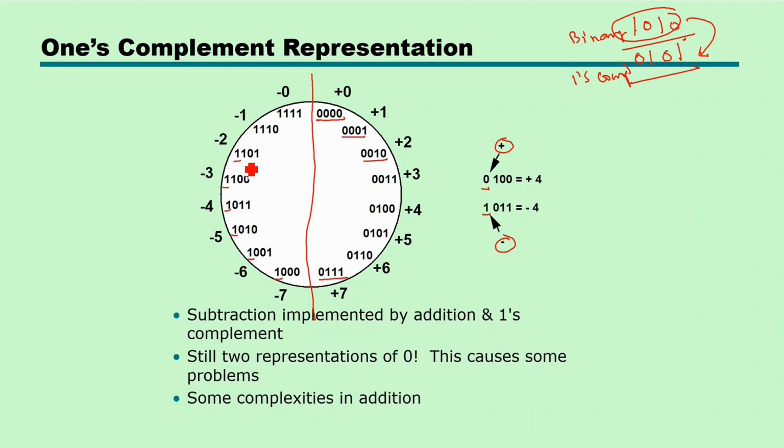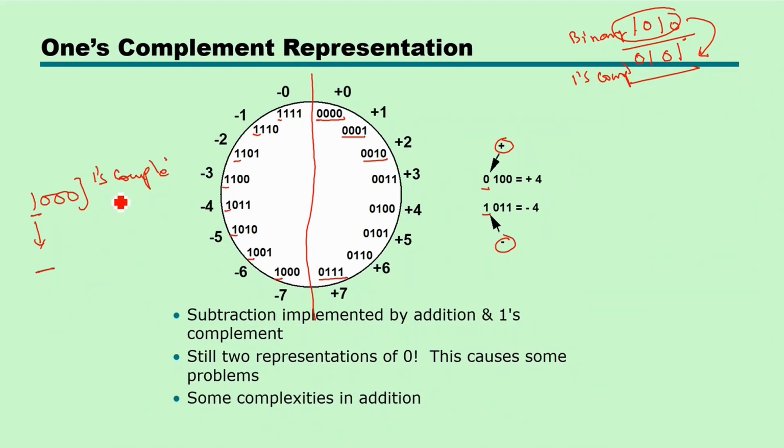If it is a negative number, then we need to find out its magnitude, like in decimal. So first of all, it is 1 0 0 0. This indicates a negative number. That means it is surely a negative number, but its magnitude will be given by, because this is a 1's complement representation, we need to convert it into binary representation.